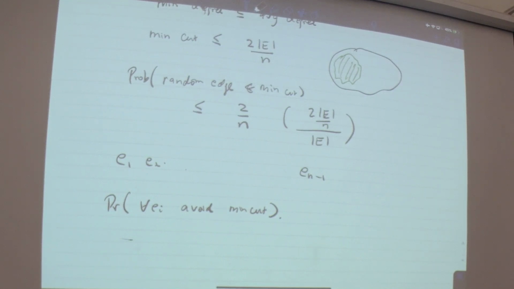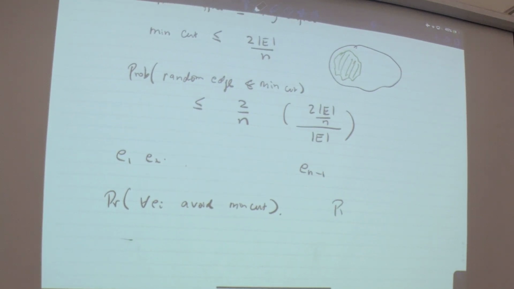Now here's a problem. Normally I would say, oh well, the probability that all of them avoid the min cut is the product of the probabilities that each of them avoids the min cut. The probability of E1 and E2 is equal to the probability of E1 times the probability of E2.